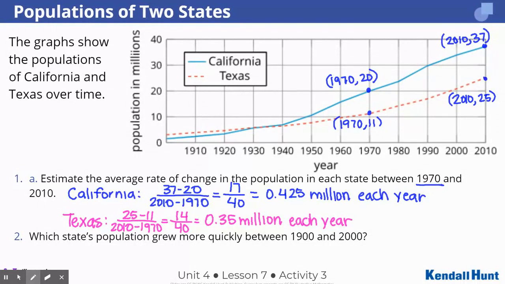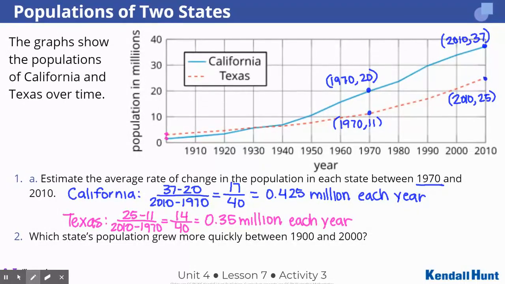So which state would have grown more quickly between 1900 and 2000? We could find a new average rate of change from these points, 0 and about 3 million and 0 and about 2 million for each state, and calculate a new average rate of change. But based on what we see, you know that Texas starts out with a higher population than California.